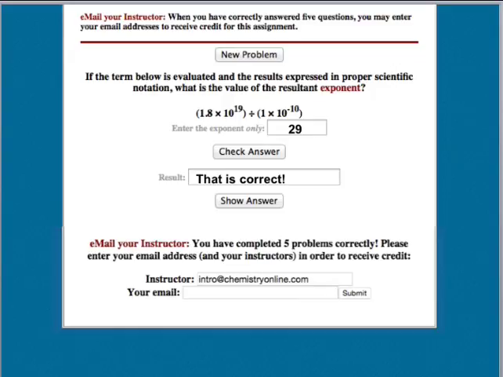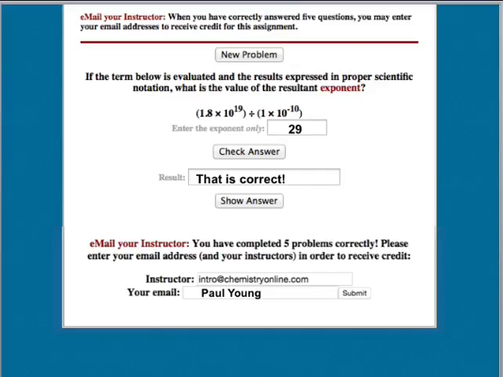Leave it as intro@Chemistry Online. This says your email, but don't put your email in there. Like I said, everybody has an unidentifiable email. Put your name in there as it appears on the roster. So I would just type in my name, and then I would hit the submit button.